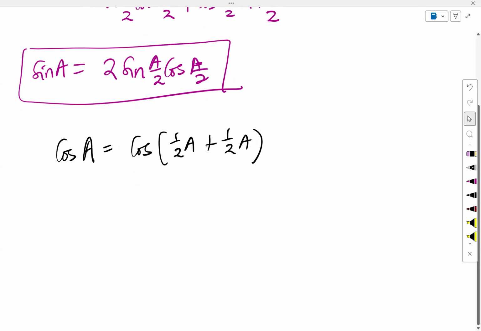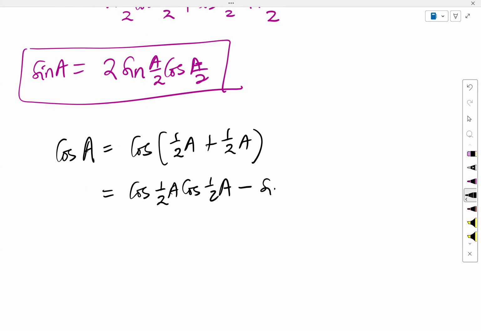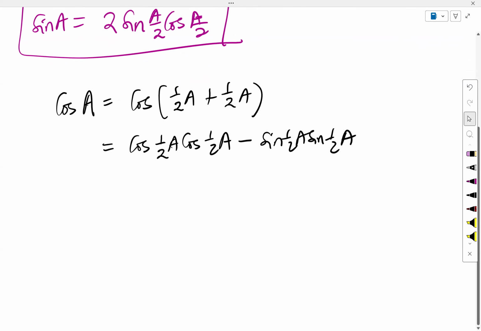So here, when you have cos A plus B, it's actually going to be cos half A cos half A minus sine half A sine half A, right? So that now you have cos squared half A minus sine squared half A.